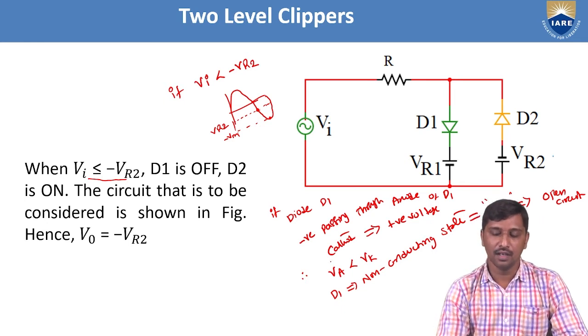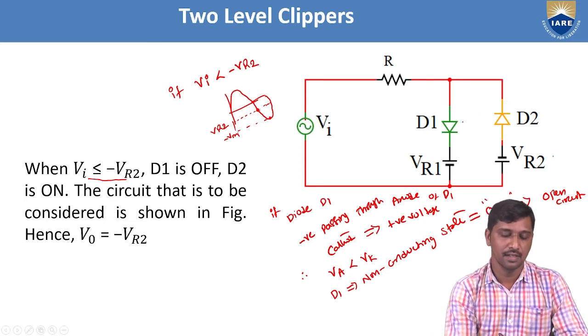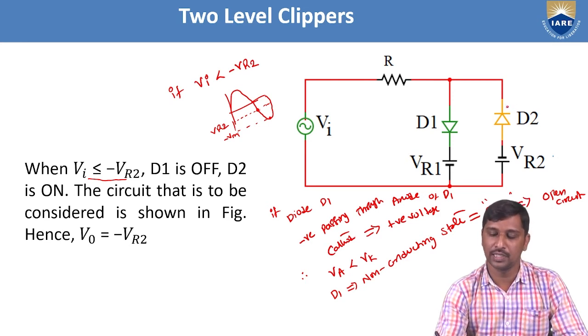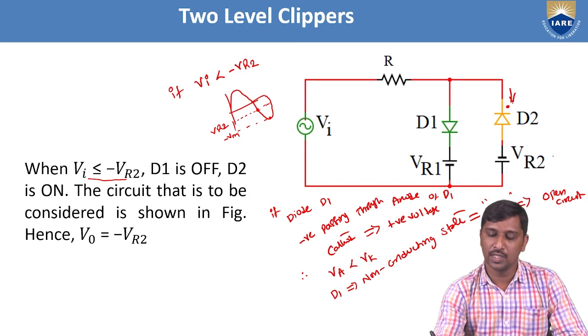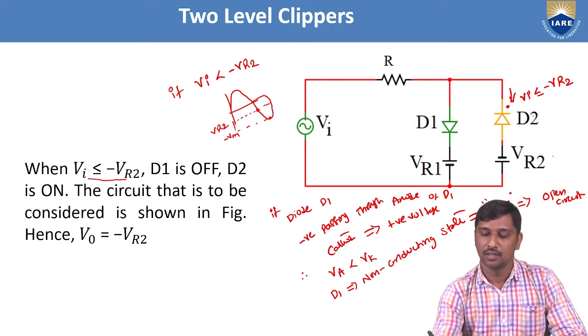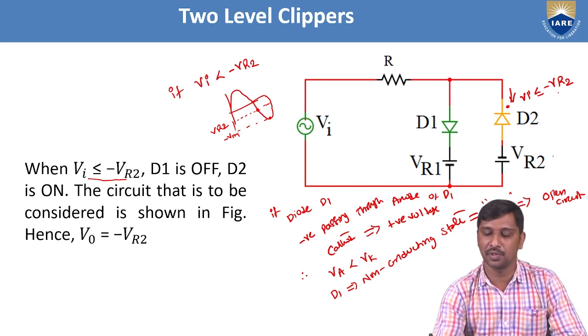Similarly, let us assume the same signal is passing through the diode D2 also, means a negative signal is passing through the cathode of D2 at this point. But what is the input here? Here the input is less than or equal to minus VR2. So we are saying that your input signal here is less than the given negative magnitude DC reference voltage.